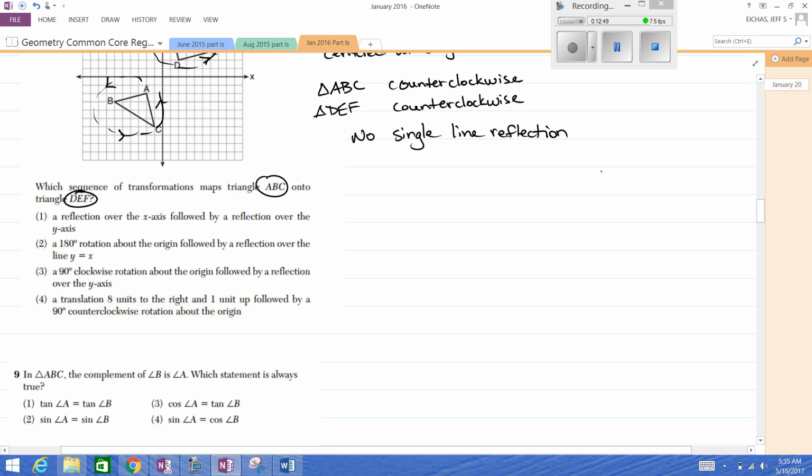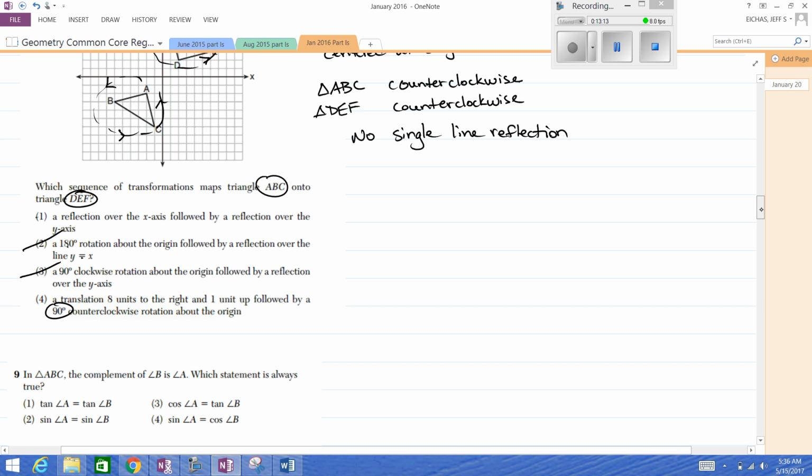Let's see, if we look through these, I'm going to skip one for a minute. So I have a rotation, then a single line reflection, so we can't do that. The arrangement of the letters isn't going to work. Same thing here. All right. Oh, 90 degrees. It looks like we've got to go 180, so this one's probably out too, but let's double check here.